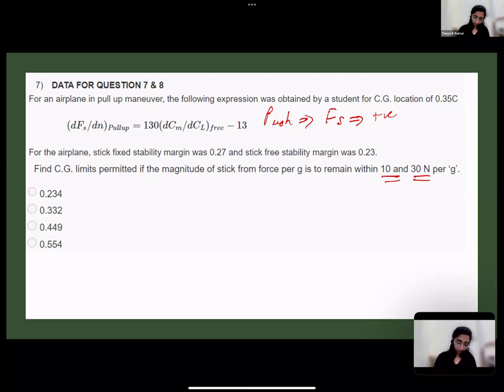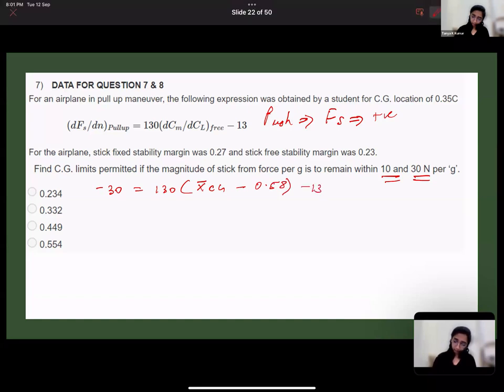So DFS by DN, let's start with minus 30. Minus 30 is 130 into X bar CG minus X bar NP prime was 0.58 minus 13.